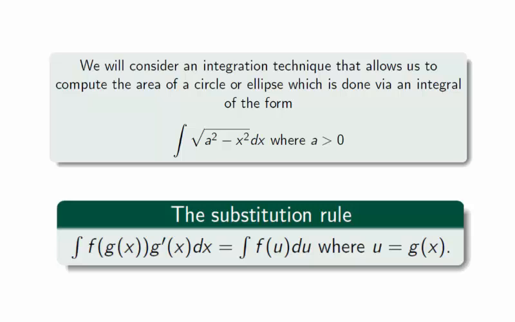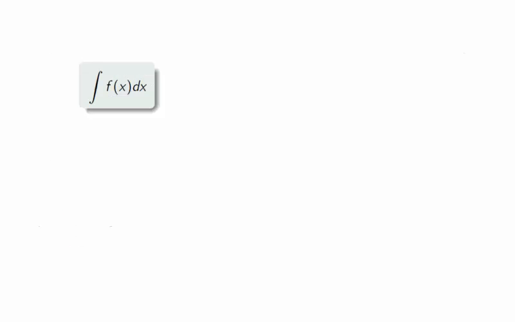This technique helps us to recognize the antiderivative of a composite function, and choosing an appropriate u simplifies the integrand. It turns out that reversing this procedure sometimes leads to a simpler integrand. Let's make this precise. Begin with an integral, the integral of f of x dx. Now suppose that x is a function of another variable, say t.